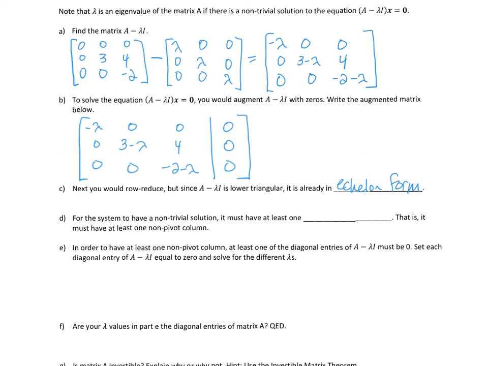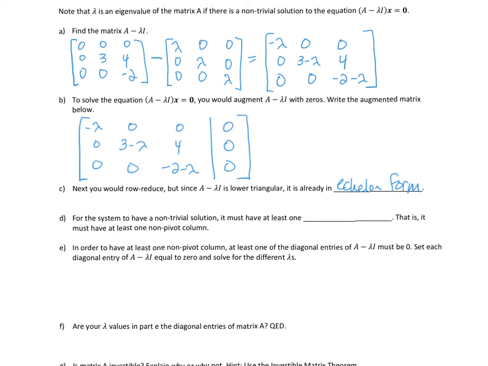For the system to have a non-trivial solution, note that any system Ax equals 0 will always have the trivial solution. You can always make the variables x1, x2, x3 all zeros, and when you multiply anything by 0, you'll get the 0 on the right-hand side. So we always have the trivial solution.